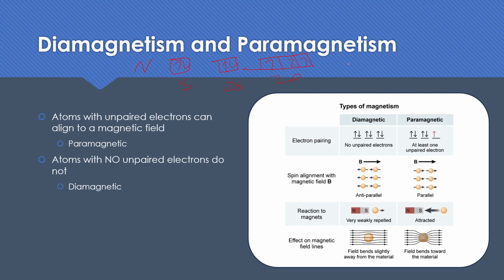But if I look at something like helium, helium is 1s2. So helium would be diamagnetic, and nitrogen would be paramagnetic. This is why most, not all, but most metals are magnetic, because they have unpaired electrons.